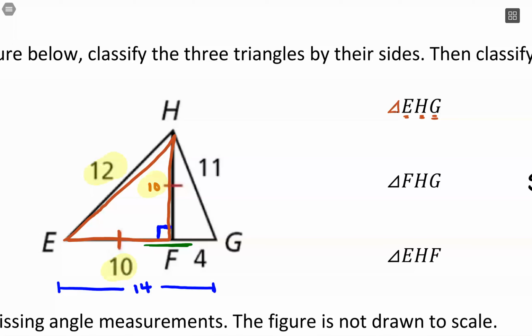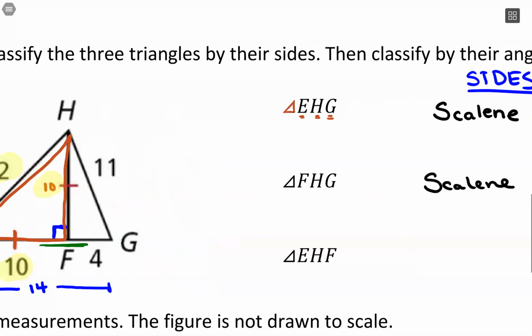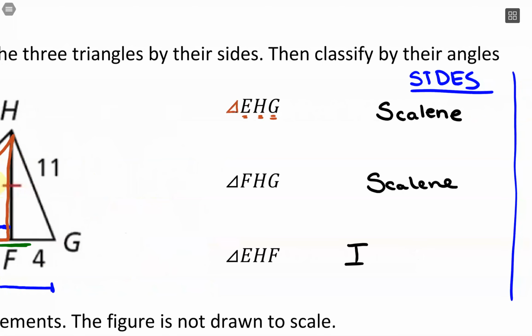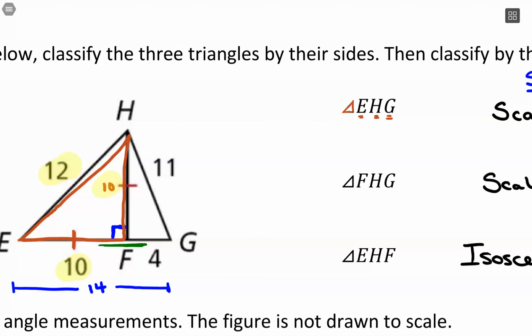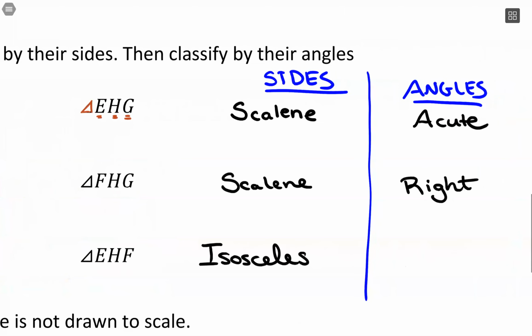This would be isosceles because we have two side lengths that are the same at 10. In terms of angle measurements, we have a right angle and two acute angles, so this is going to be a right triangle. That's how we would use those definitions to tell how a triangle is defined by side length or angle measurement.